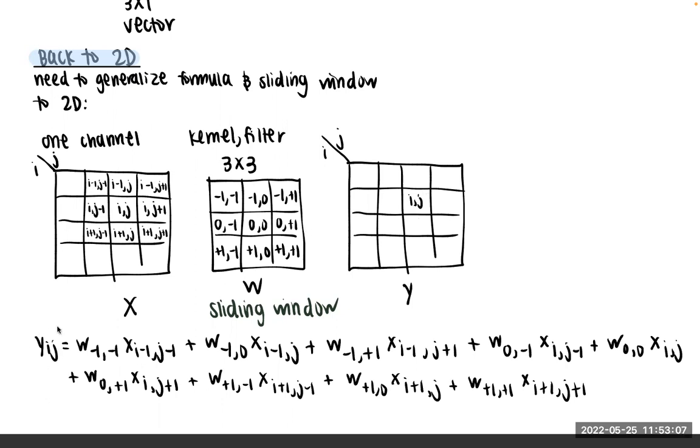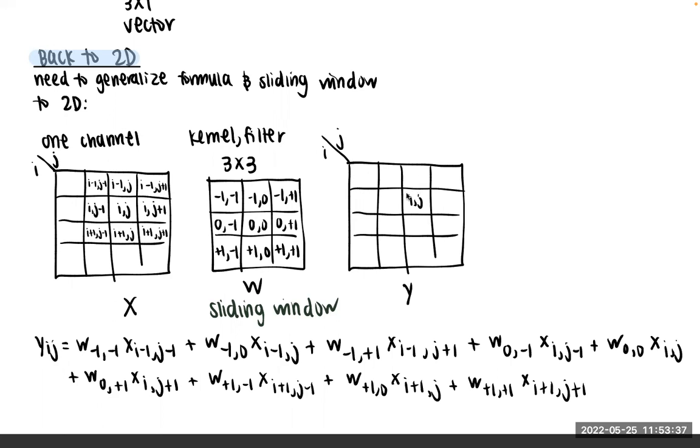In particular, Y_ij is W_{-1,-1} times X_{i-1,j-1}, and then plus W_{-1,0}, this weight here times this value, and this one times this one, this one times this one. So you just multiply those things and add them up, you get Y_ij.